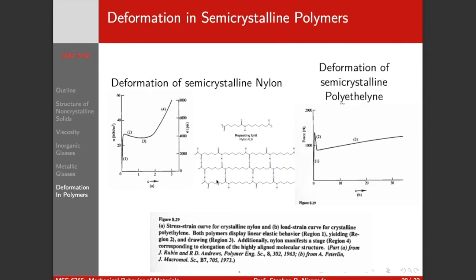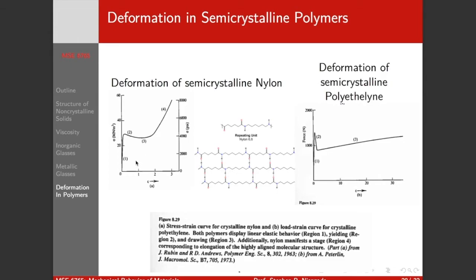So when we deform semi-crystalline polymers, this is nylon 6,6, the most common nylon, we see behavior that looks like this. We have an initial yield and then a softening, and then a hardening behavior.